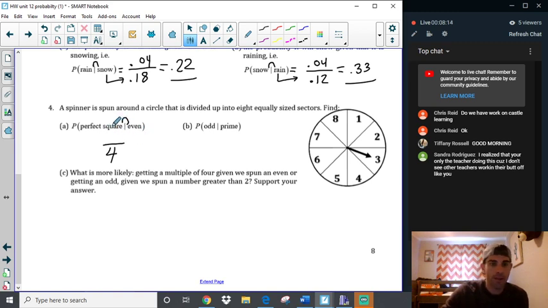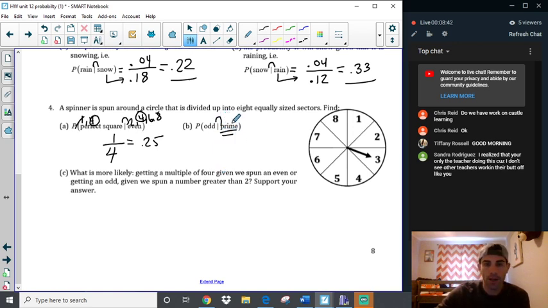And now, how many of those 2, 4, 6, 8s are also perfect squares? 4 is a perfect square, so I only see one of them, because my evens again are 2, 4, 6, and 8. Your perfect squares on here are 1, 4. So what do they have in common? That's the 4, so there's only one of them. So you'd say 0.25.